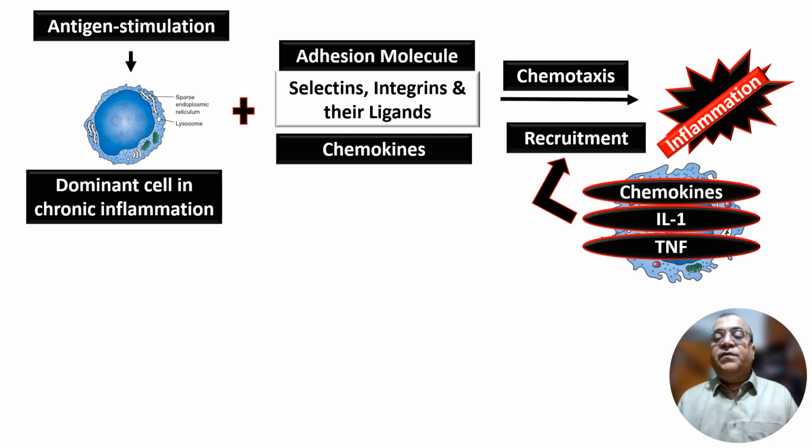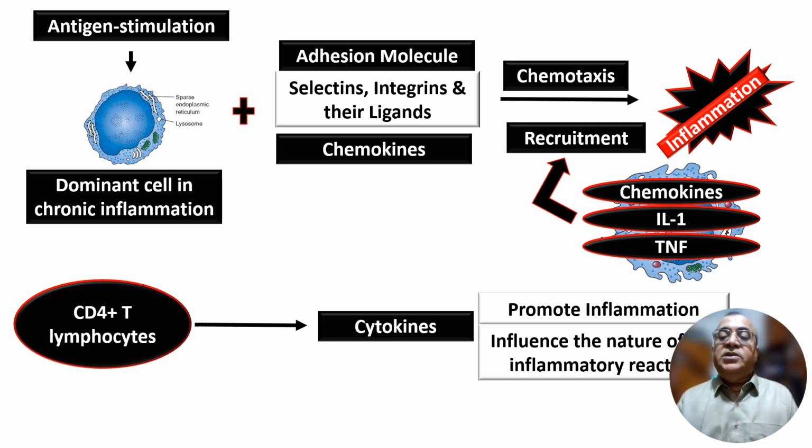Macrophages at the site of inflammation also secrete chemokines, interleukin 1 and tumor necrosis factor. These are responsible for recruitment of more lymphocytes at the site of the inflammation.